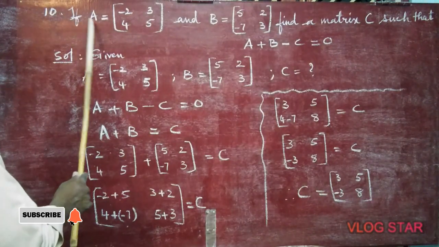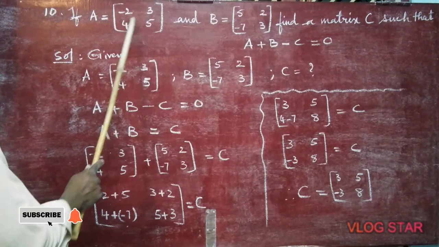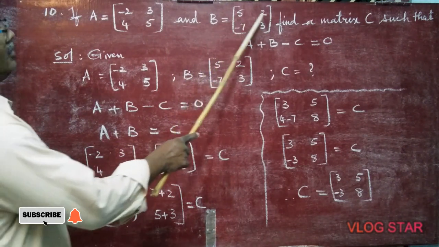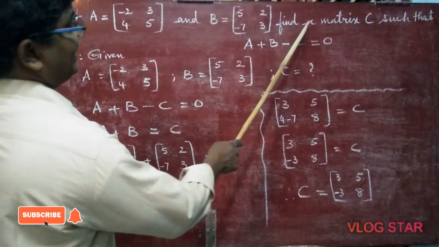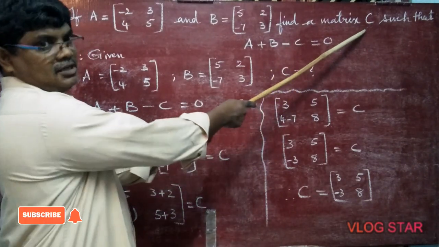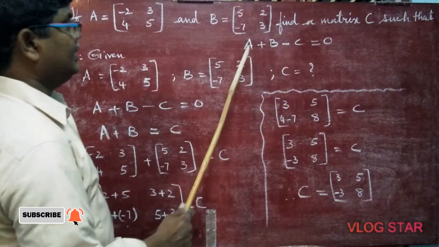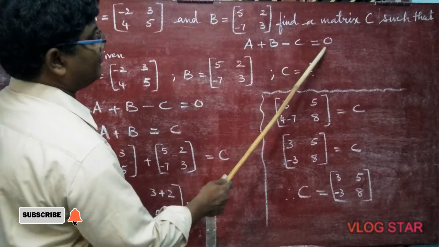10th problem. If A is equal to matrix [-2, 3; 4, 5] and B is equal to matrix [5, 2; -7, 3], find a matrix C. See properly. Matrix C such that A plus B minus C is equal to 0.